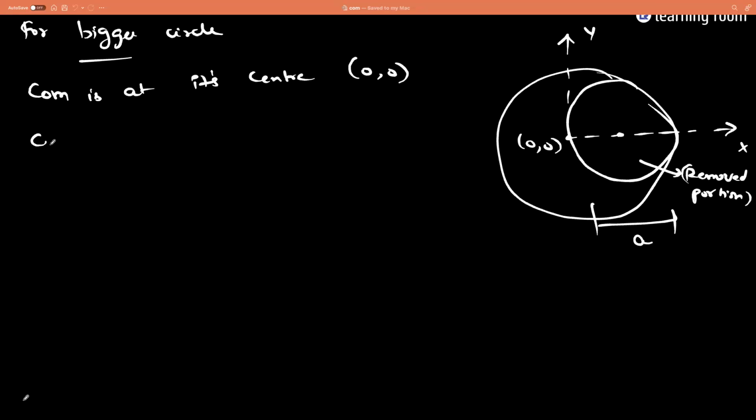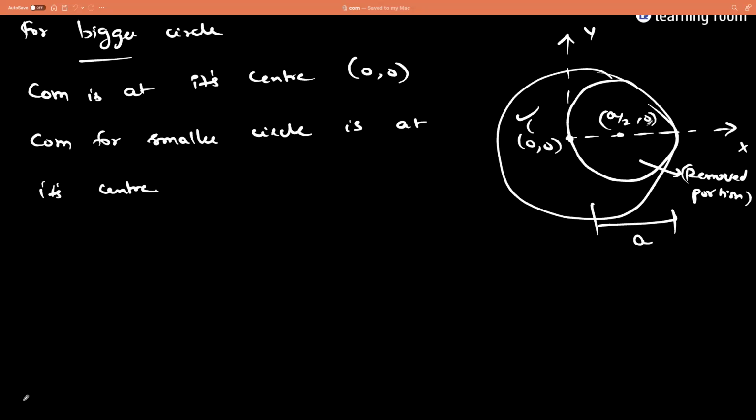Similarly, center of mass for the smaller circle is at its center. So if I consider this point to be 0, 0, where is the center of the smaller circle going to be? It will be at a by 2, 0. Now, area of bigger circle is pi a square. Area of smaller circle is pi a square divided by 4.